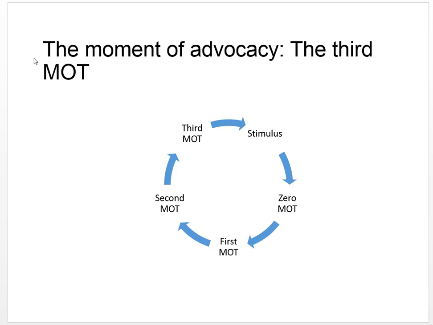The zero moment of truth emphasizes that customers today may be influenced in several moments online prior to making a purchase decision. So besides using opinions earlier in the decision process, consumers may also use ratings and reviews as a form of validating just prior to purchase. This is called verification.